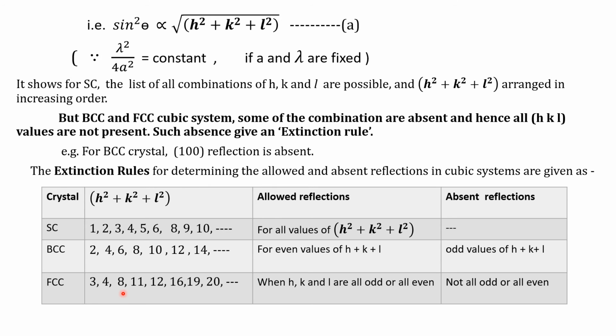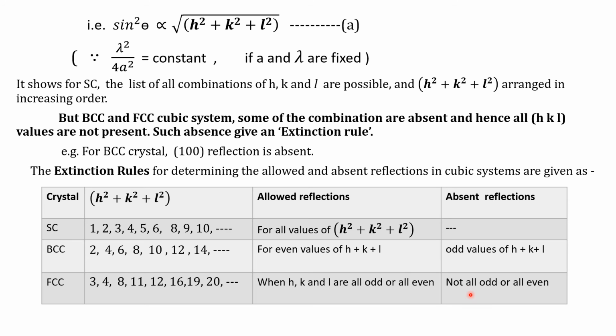Same as 8. How do you get 8? It should be all odd or all even. 8 we get from 2 square, that is 4, plus 2 square, 4, plus 0 square. Hence we write 8, and that is the allowed reflection for FCC. Which are not allowed?